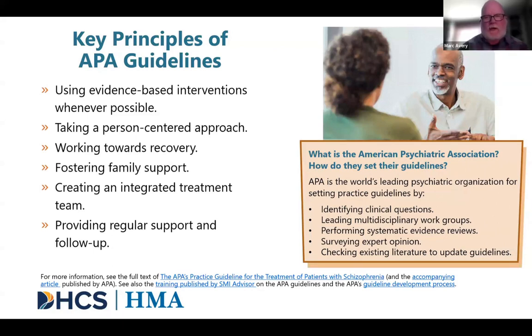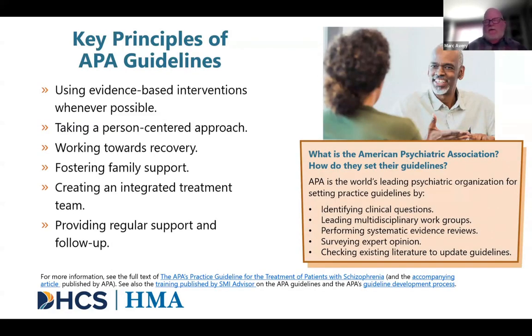Thank you, Dr. Warburton, and thanks everybody for joining this presentation today to cover this important subject. I'd like to start off with the first part of this training to talk about an overview of the American Psychiatric Association guidelines for treating schizophrenia.